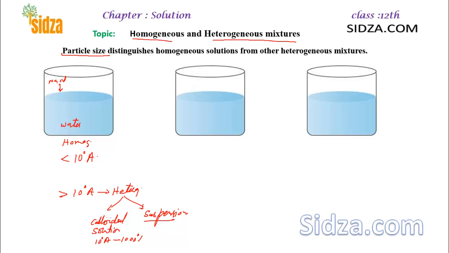This is the range. It's a heterogeneous mixture, but it's a colloidal solution. And if the particle size is more than 1000 angstroms, it will be called a suspension.